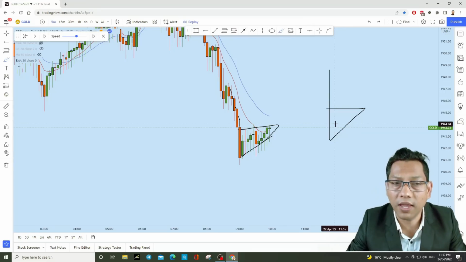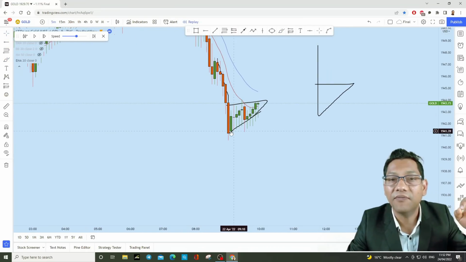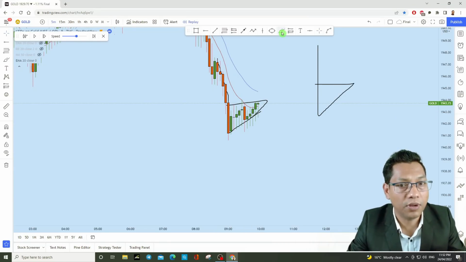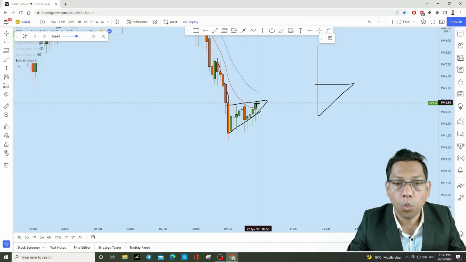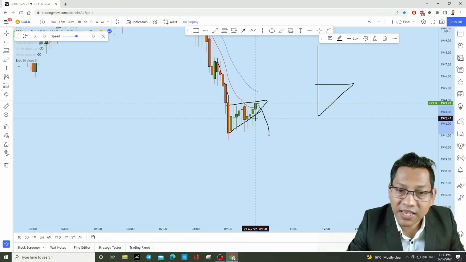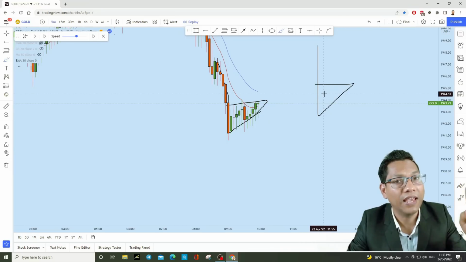That's why we will be waiting for a breakout from this 5 minute structure. Until it breaks out, never enter any trade, because it may start to move up again. Once it breaks out from this 5 minute structure, we will place our pending order on the retest of this previous support as a resistance.